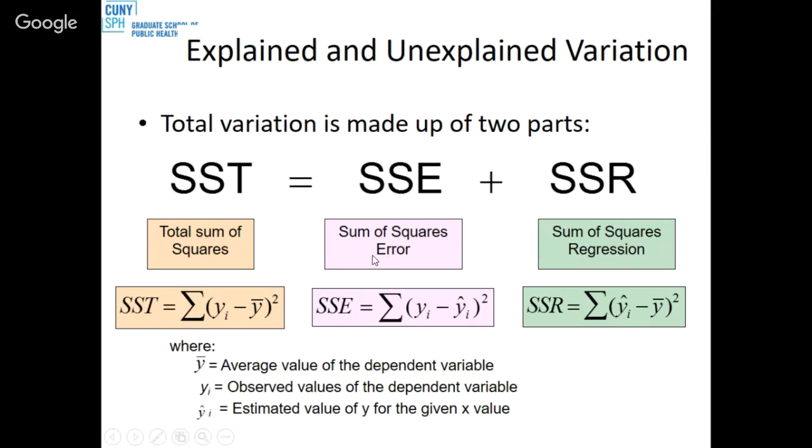All you need is those predictions and the observed values to calculate. Here's the sum of squared errors, the values of Y minus the predicted values, the regression part, the predicted values minus the mean Y, and the total sum of squares, the observed values minus the overall mean.